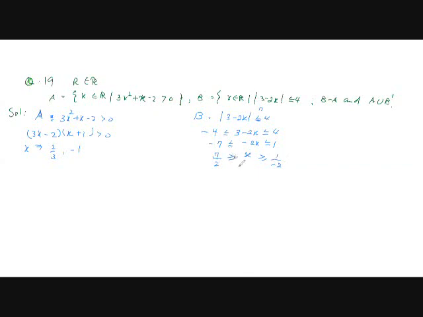At the same time, we can write this one, x greater than this. So I can write it down: x less than 7 over 2 and greater than or equal to negative 1 over 2. Okay, so we get the value of x between negative 1 over 2 and 7 over 2.